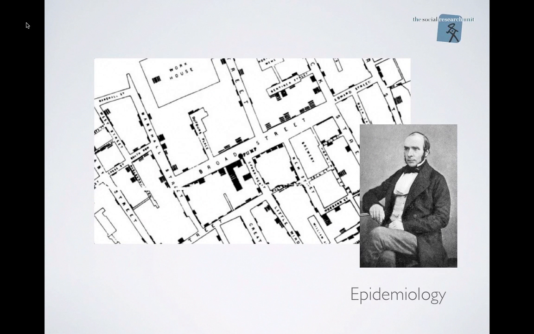He noticed that these clustered around a public water pump in Broad Street and concluded from this that dirty water was the cause of cholera, before allegedly ripping the handle off the water pump. Previously, it had been thought that cholera was caused by bad air. Snow showed that this was wrong by investigating the distribution of the problem and its potential cause.